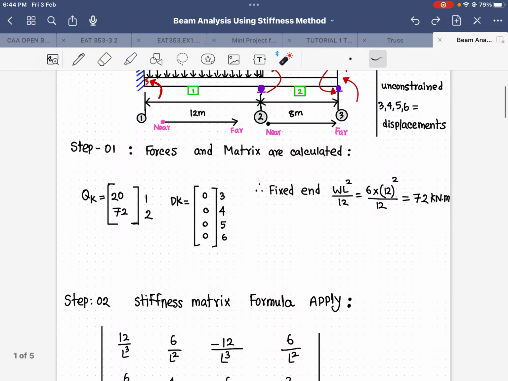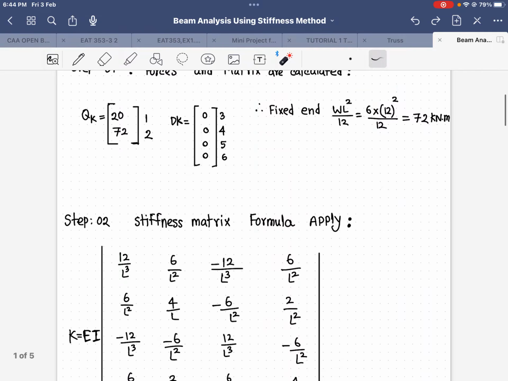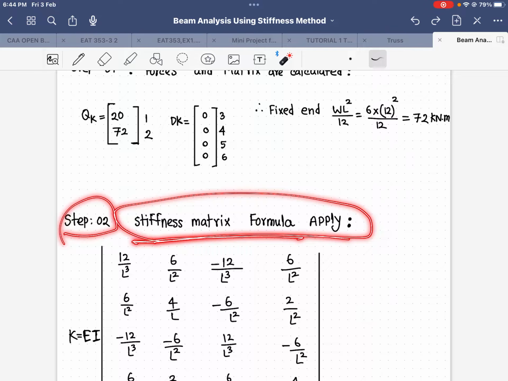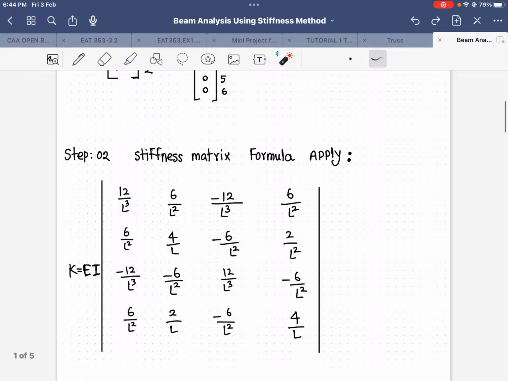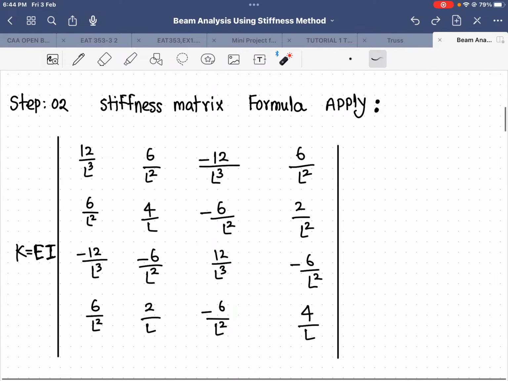Once we find out the QK and DK, the second step is to find the stiffness matrix. Basically here we will use the formula that we already have. This is called 12 EI over L cubed. So basically the formula will be like this.